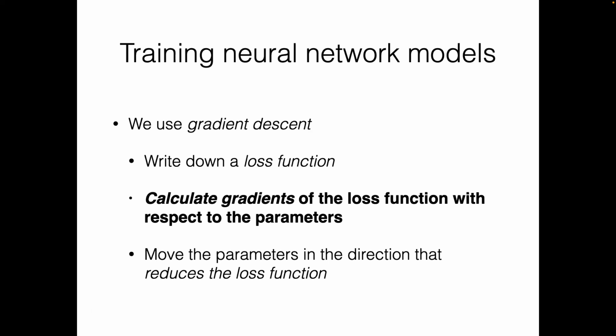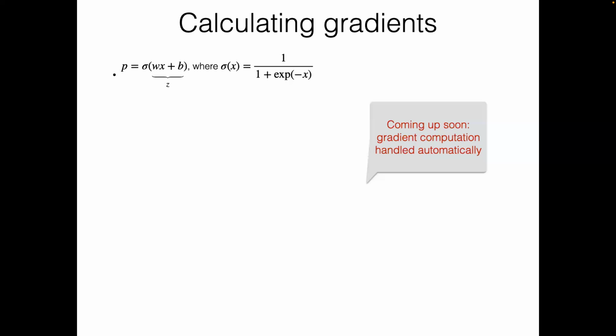Okay, cool. So now the next step is we want to calculate the gradients of the loss function. Here I have to be cognizant of time. But basically, in the old days, what you'd have to do is you'd have your neural network architecture and then you'd have to calculate by hand the gradient, or the derivative, with respect to each parameter.